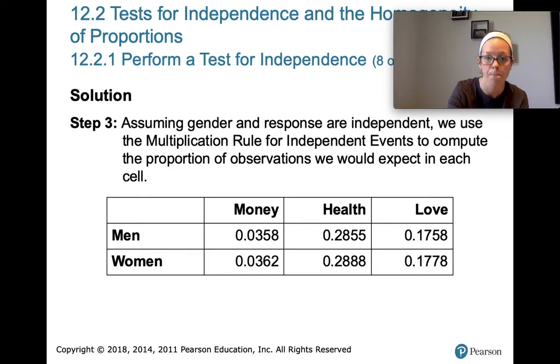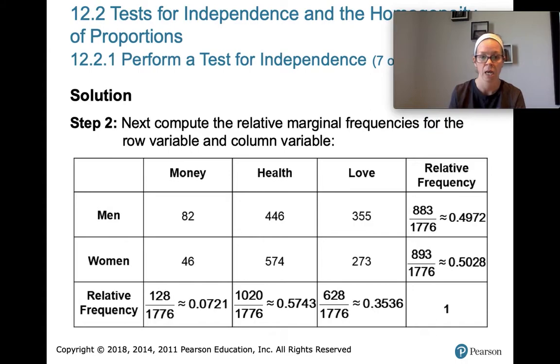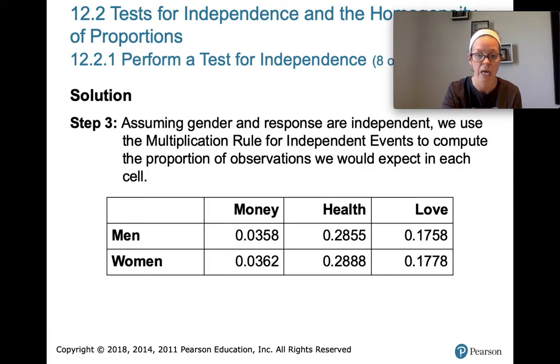So for men and money, we would take the 0.0721 for money times the percent of men, 0.4972, and when we multiply those together, I get 0.03584812 on my calculator, so just round it off to 0.0358. By multiplying the row and the column percents, it gives us what percent we would expect to find within each of these.